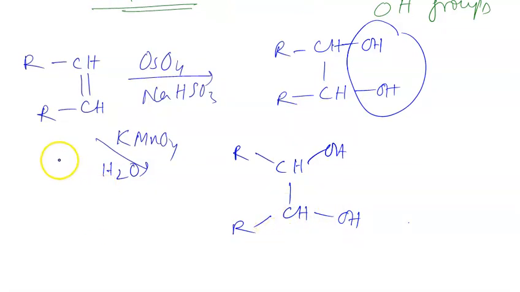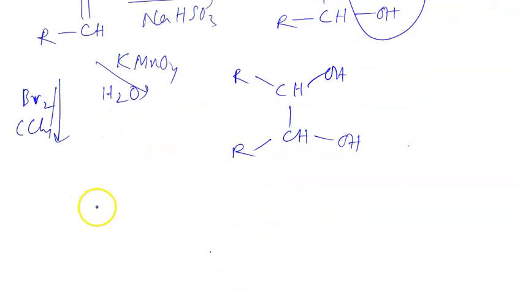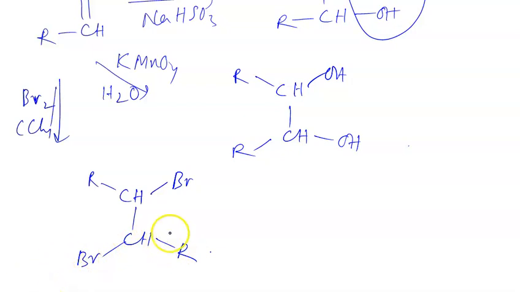If the reagent is bromine in carbon tetrachloride, a non-polar solvent, then the addition will be anti-addition of two bromine atoms. Okay, so in case of osmium tetroxide and potassium permanganate, we are getting syn addition of two OH groups, and in case of bromine in carbon tetrachloride, the addition takes place in anti.